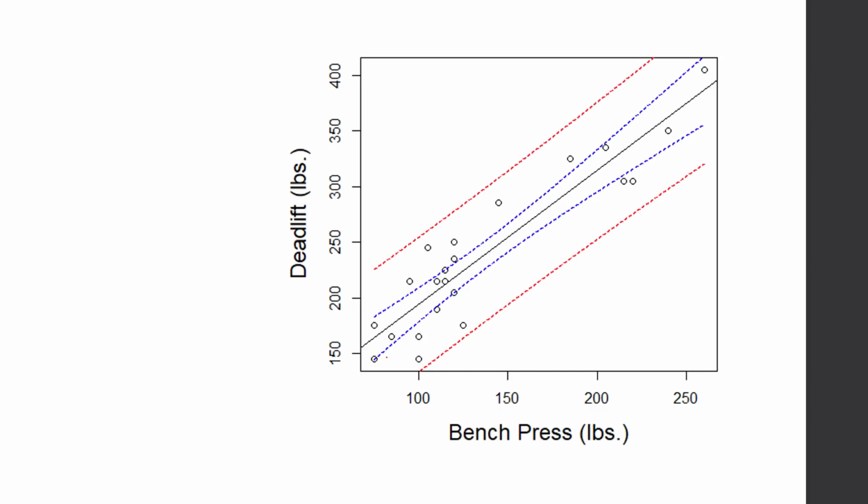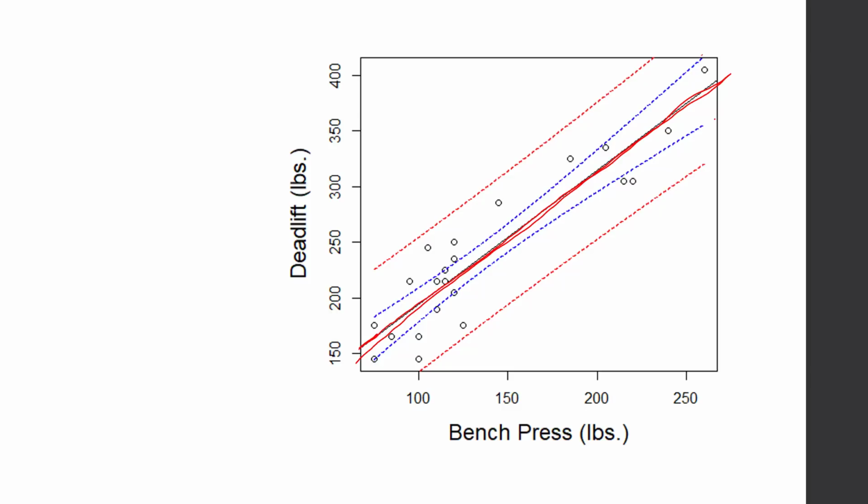So what I've done here is I've started with a simple graphic that I made in R. And this is the fitted line to our data set, which is right here in the middle. Okay? And then I've got this inner set of confidence bands, the 2 dotted lines that are closest to my predicted value line.